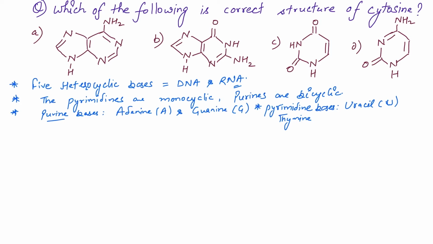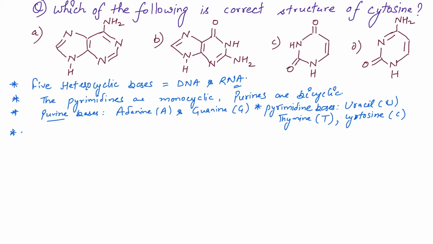Next is thymine, that is T, and the next one is cytosine, that is C. So the purine bases are adenine and guanine, and pyrimidine bases are uracil, thymine and cytosine.